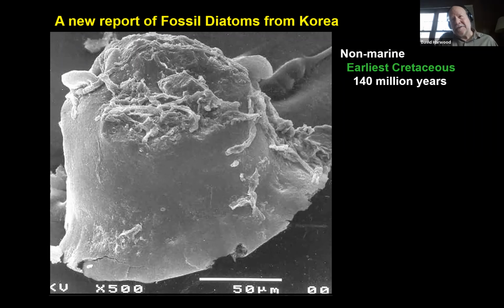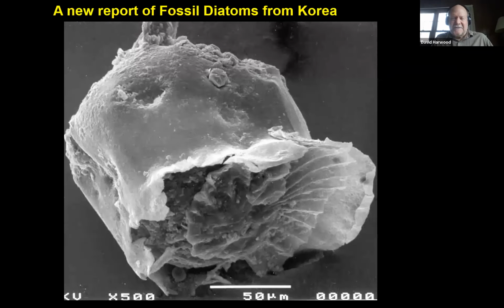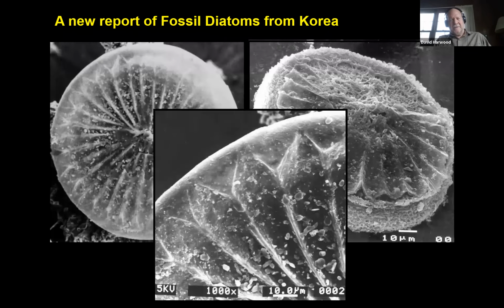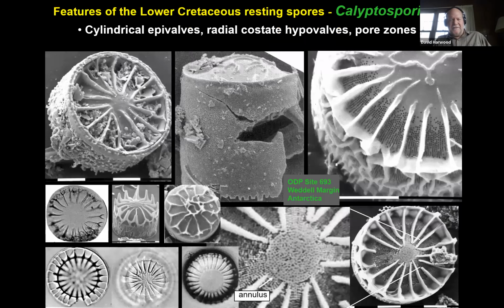If you look at Japan, and then you look at Korea, and you look at China in this reconstruction geographically, you have marine material in Japan, you have terrestrial material in China, and it appears that it would fit for these things to be non-marine. But still some things to tease out of that.